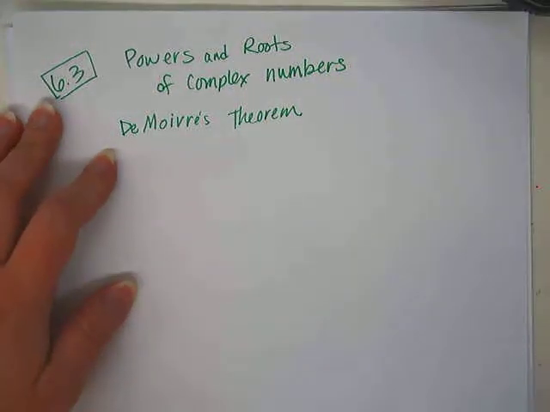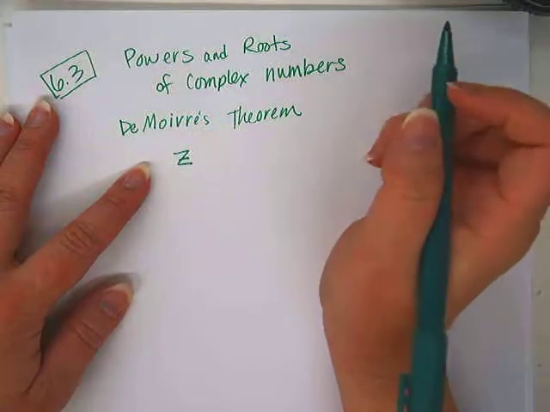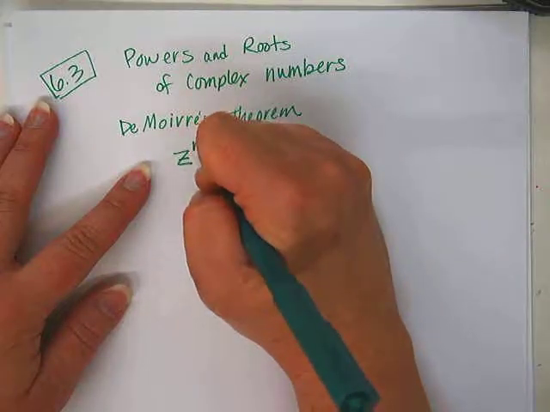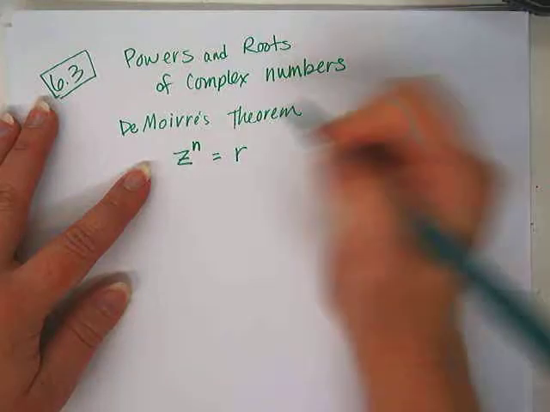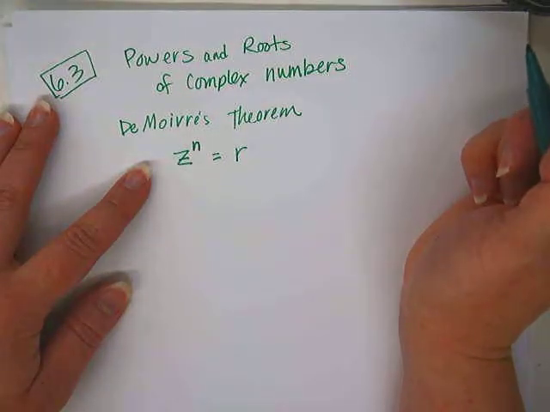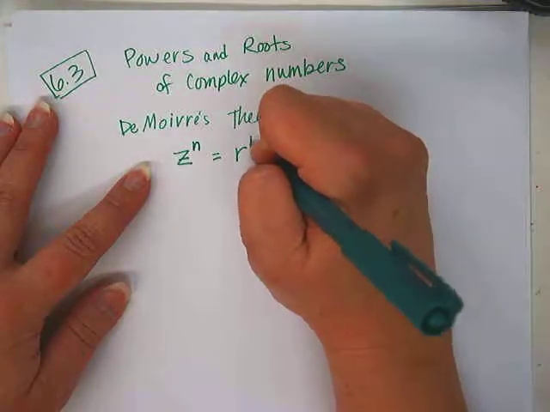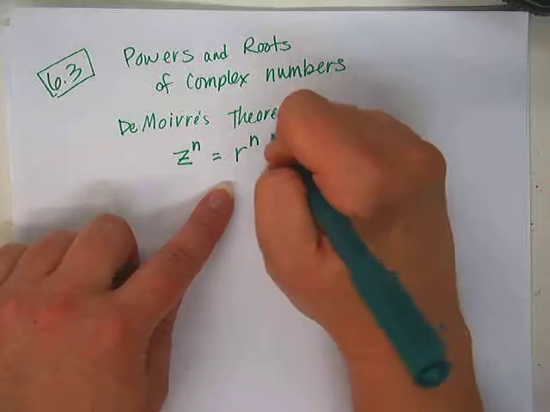De Moivre's theorem says we can find the power of a complex number by taking the radius, the magnitude, to the power that we're trying to take that number to.